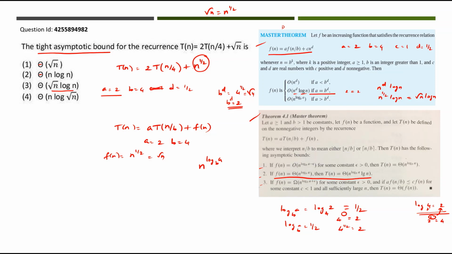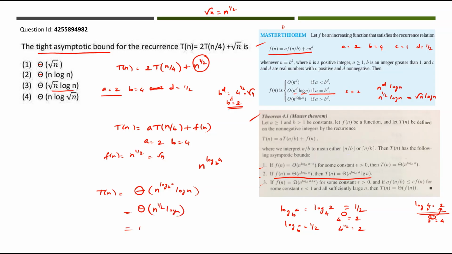It is getting equated to the second one. So we will pick this T of n here. This is equal to the tight asymptotic bound, and the theta symbol is given. We have n power log a to the base b, then log n. What is log a to the base b? It is 1 by 2. So theta of n power 1 by 2 log n.